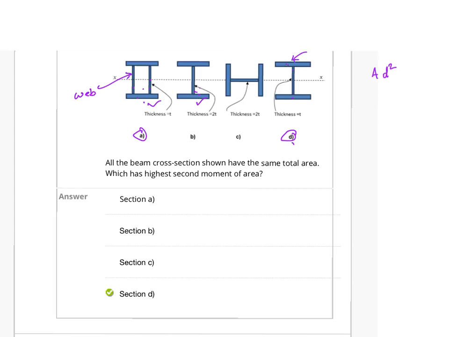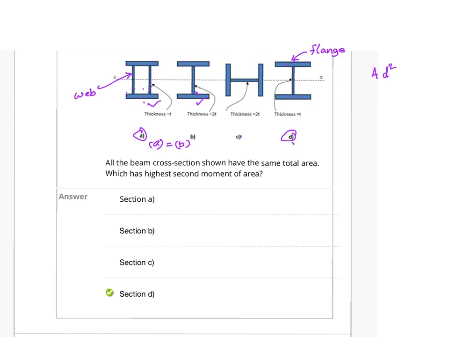These things are called flanges. So more area has been added further away from the neutral axis. Technically A and B are possibly the same, the only thing is that this 2T thickness has been separated into two webs of T thickness. So there is virtually not much difference between A and B. But D is definitely higher than either A or B.